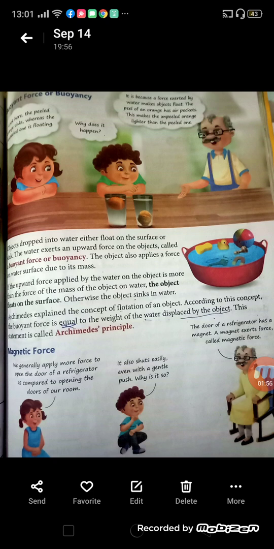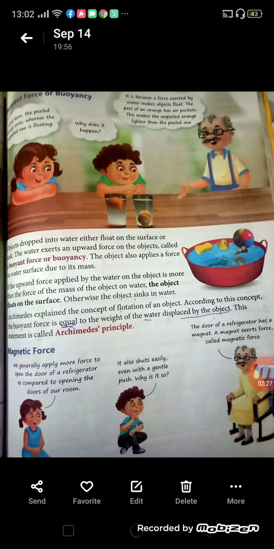Yes, do this activity, observe, and write in the notebook what happens. Okay beta? Now I am telling you what will happen. You have to first observe. The orange with peel will float on the surface of water, while the one without peel will sink into the water.